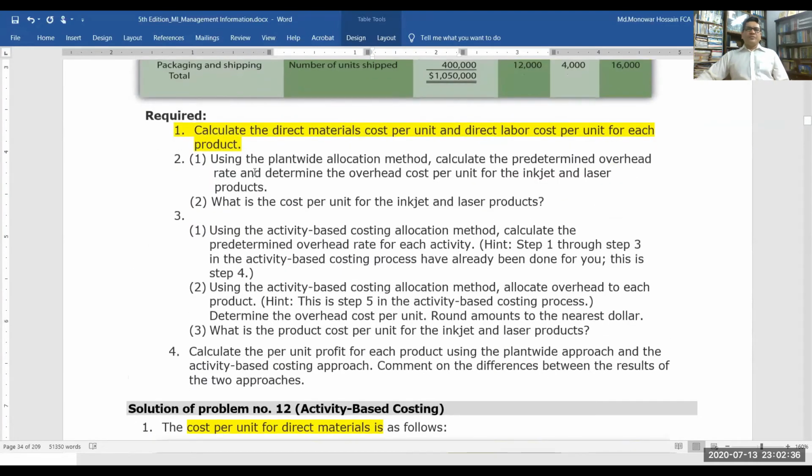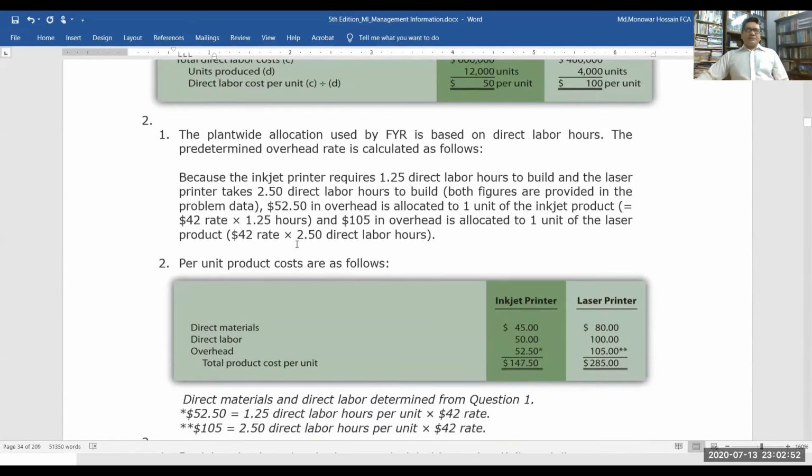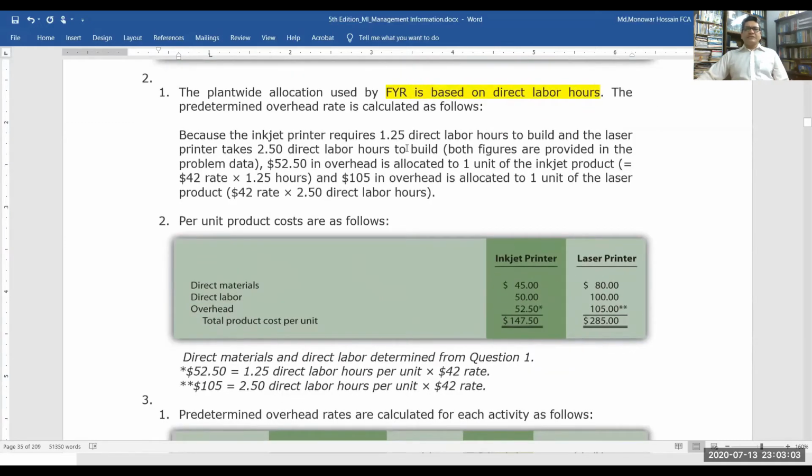Now number 2, using the plant-wide allocation method, calculate the predetermined overhead rate and determine the overhead cost per unit for the inkjet and laser product. So look here, the plant-wide allocation based on the direct labor hour, the inkjet printer requires 1.25 direct labor hours as per the question.